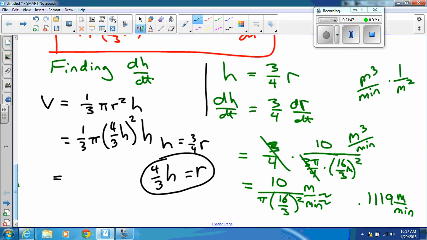Students think of it as distributing because it kind of looks like the distributive property of multiplication, but it isn't really a distributive property. What it really is is an exponent property.